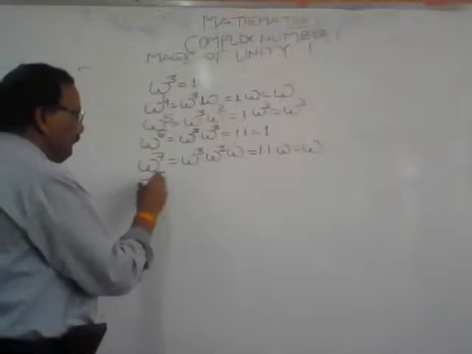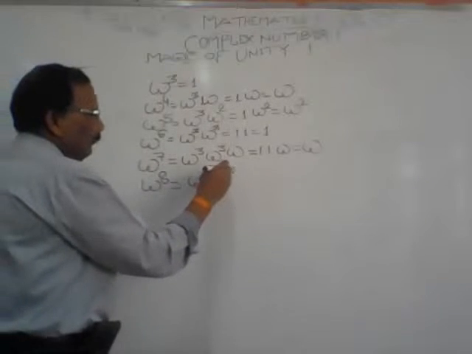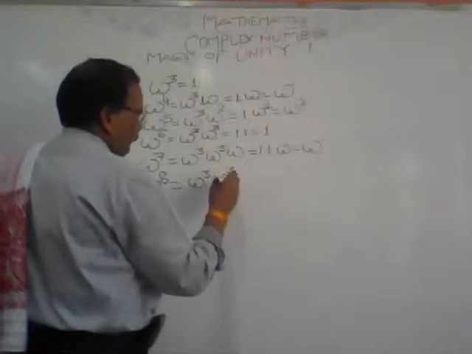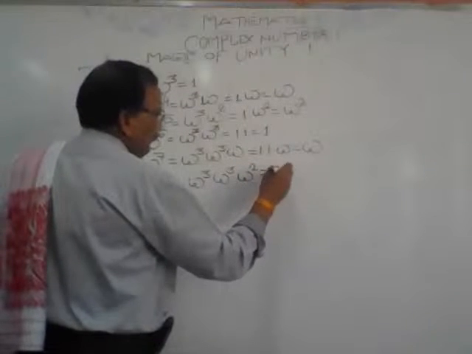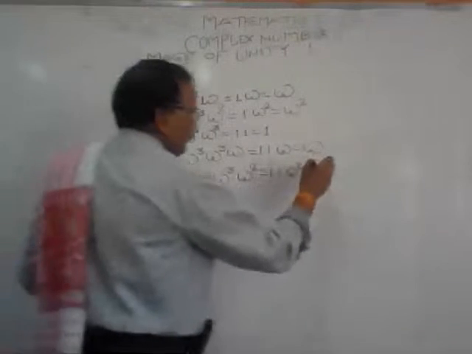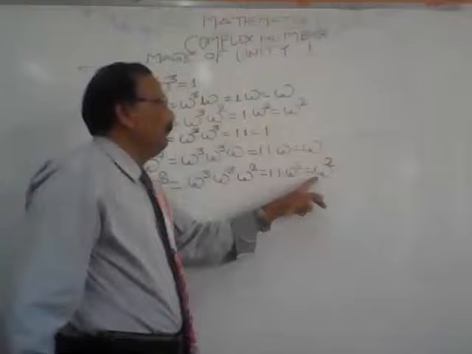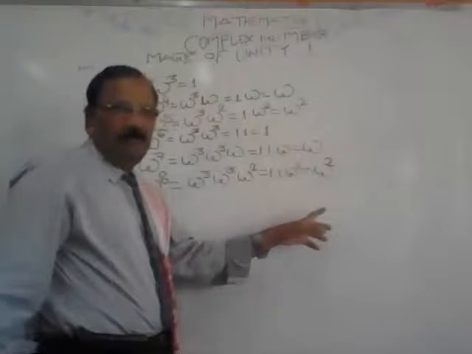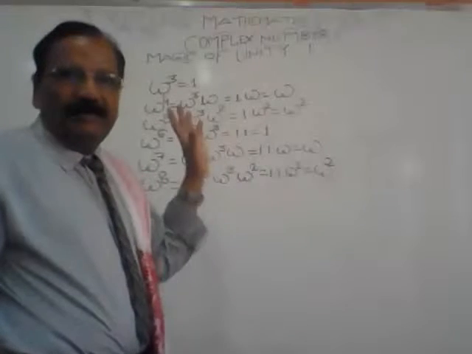Omega to the power 8 is equal to omega cube into omega square, which is 1 into omega square, equal to omega square. It means the values will come 1, omega, omega square. Only three values of omega.